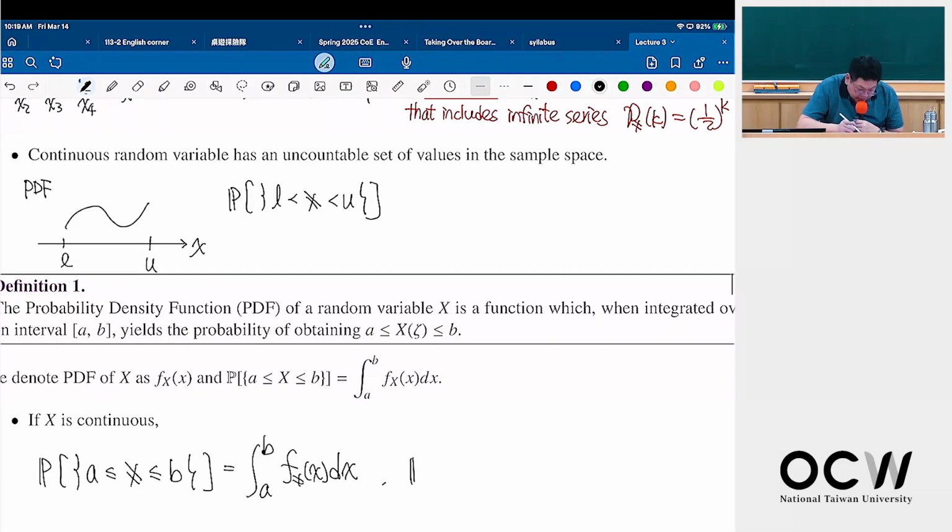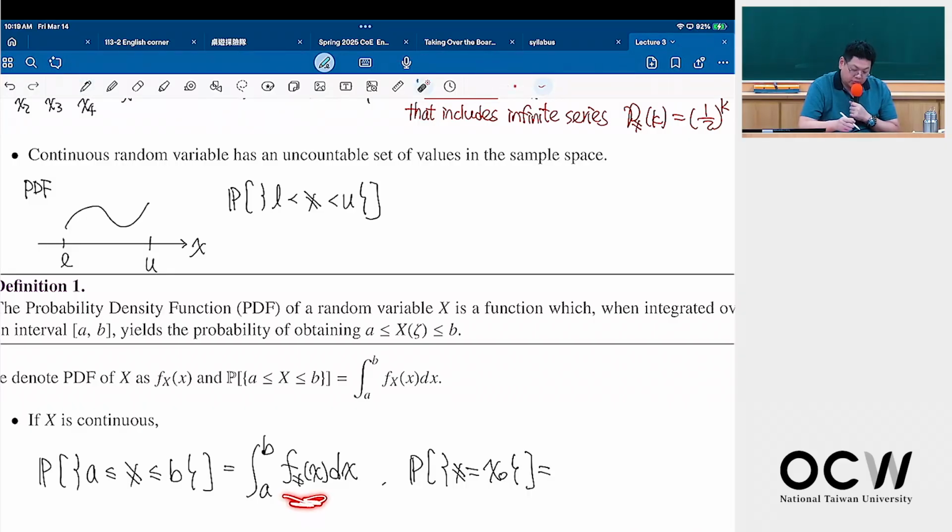What then is the probability of x equaling a certain point like x naught? We need the integration, right? If it is just one number, then the integration will be 0.